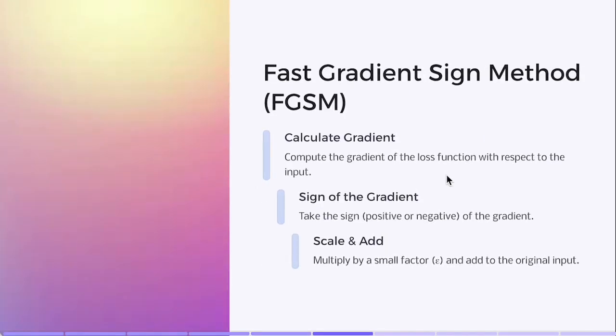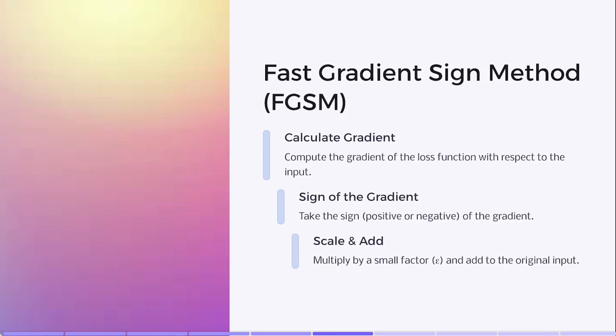So, some of the methods, or techniques, that we are going to talk about, starting with the fast gradient sign method, FGSM, is one of the earliest and simplest methods for generating adversarial examples. And here is the step-by-step. Step 1, calculate gradient. The attacker computes the gradient of the loss function with respect to the input. Step 2, sign of the gradient.